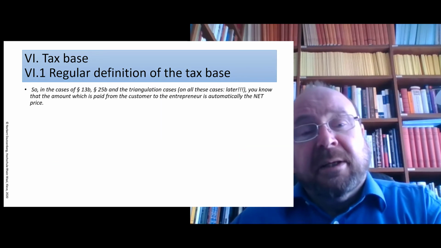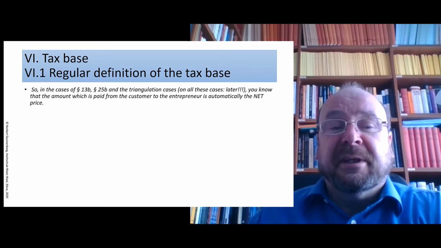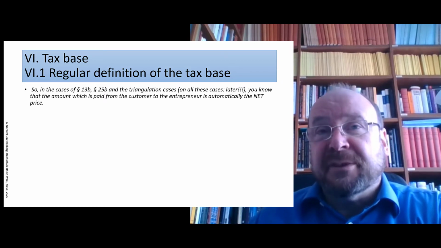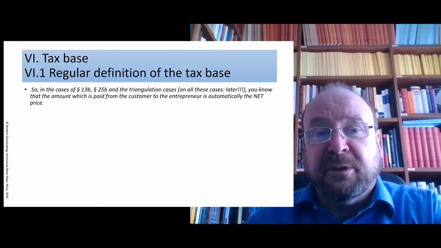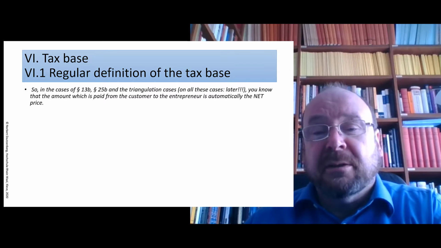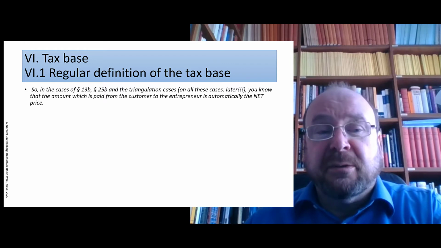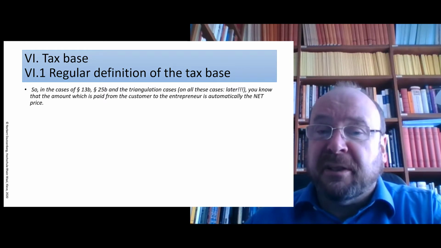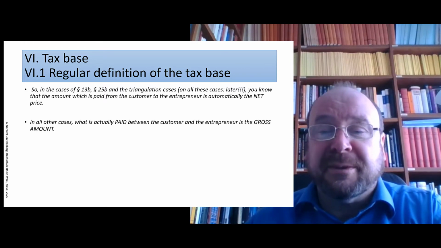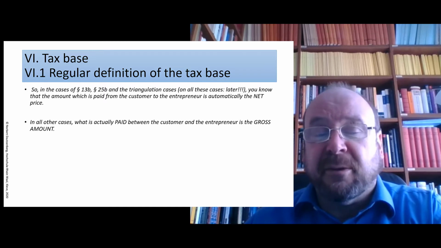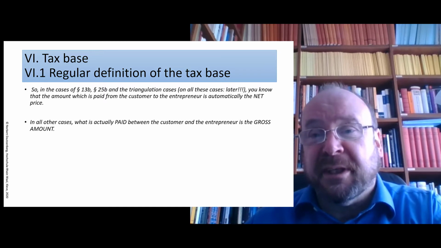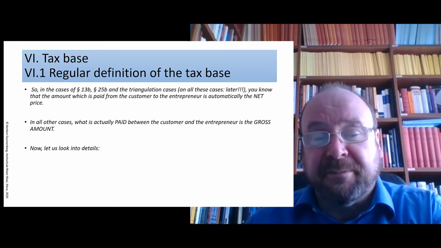Good. So if you can foresee it will be a case of 13b or 25b or of inter-community acquisition, you know that the amount which is paid from the customer to the entrepreneur is automatically net. In all other cases, the amount which is paid is automatically a gross price.